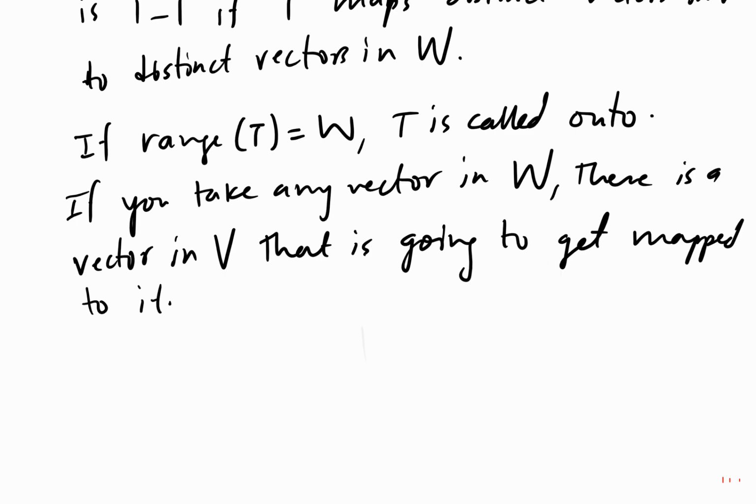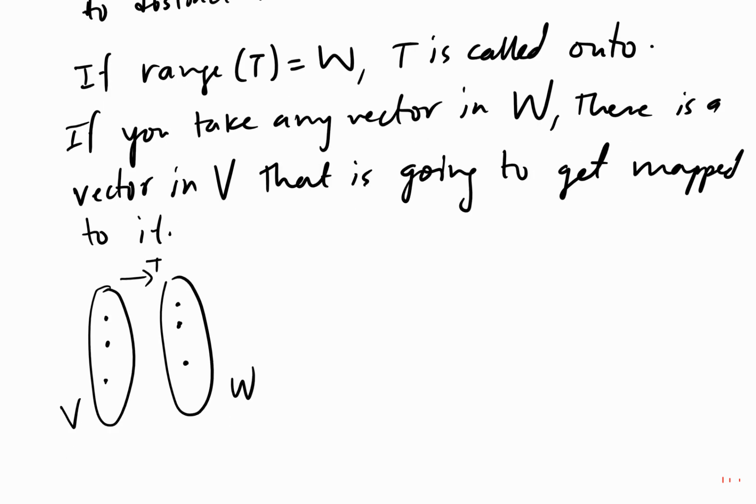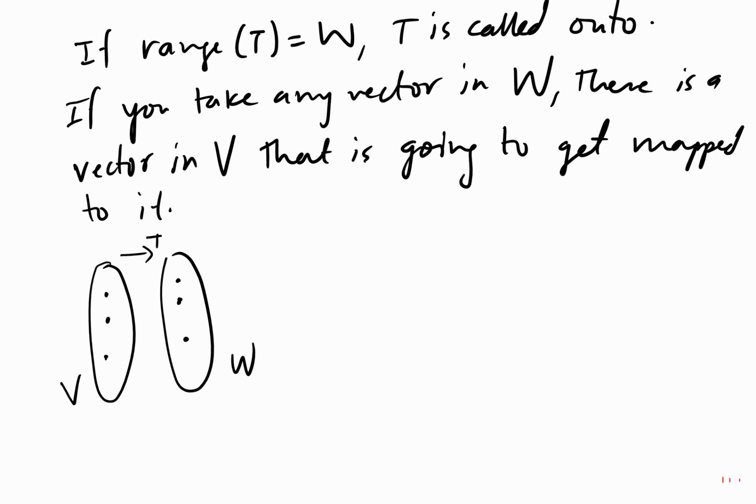So first example: we have V and W, and T maps this element to this element, and this element to this.